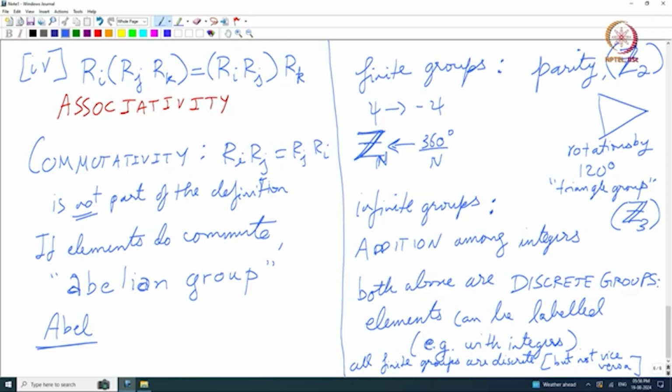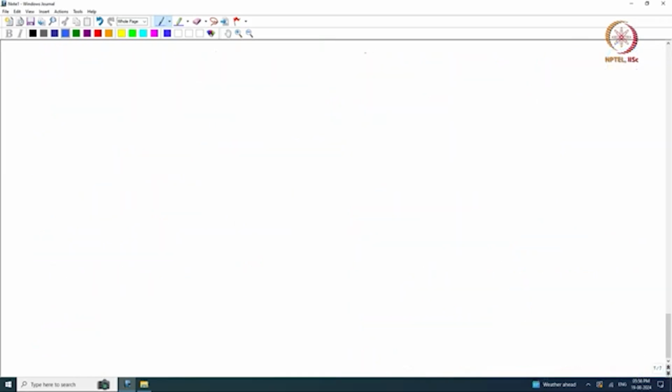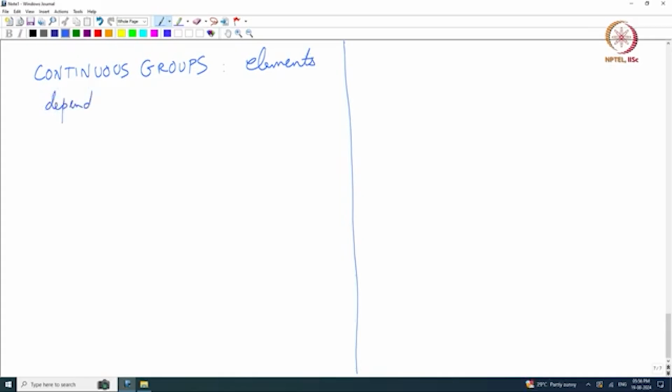Okay, excellent. Now, since I talked about discrete groups, let me write down the other one in the classification: continuous groups. It just means the elements live on some continuous space, but another way to say it is that elements depend on some continuous parameter.